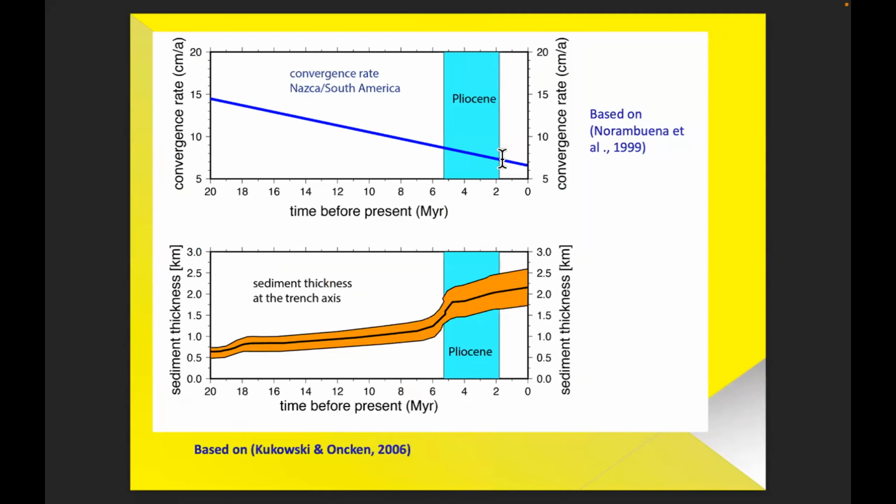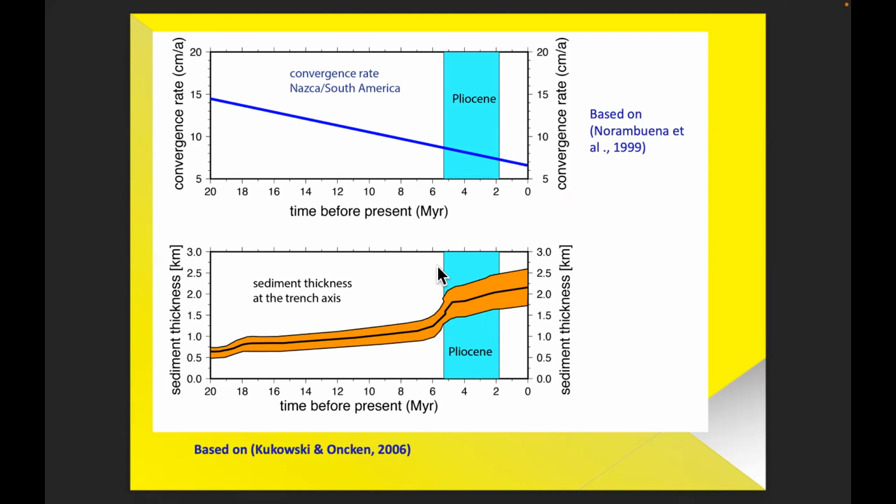Also take into consideration that the thick sediment south of the Juan Fernandez Ridge is not something very old in geological time, but something more recent, just during the last 5 million years, during the Pliocene interglaciation, or after the post-glaciation period. There was an increase of the sediment thickness about 5 million years ago.